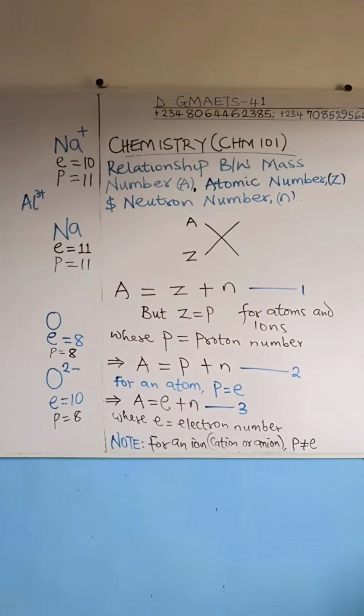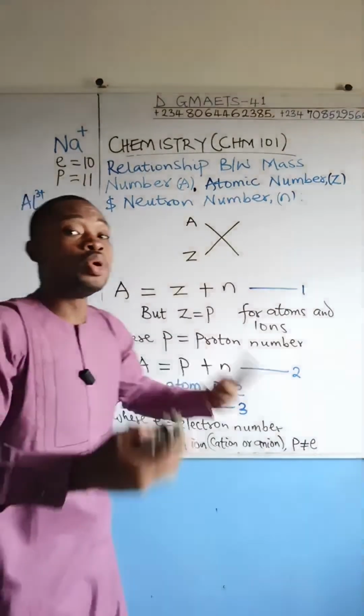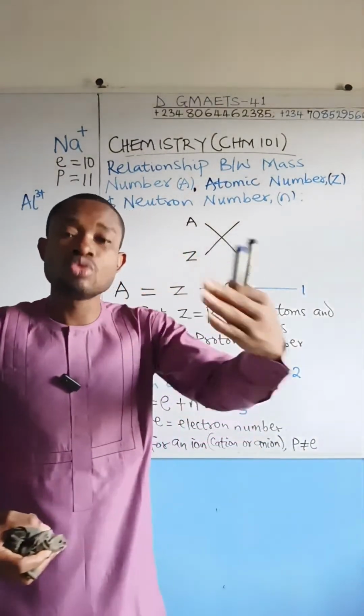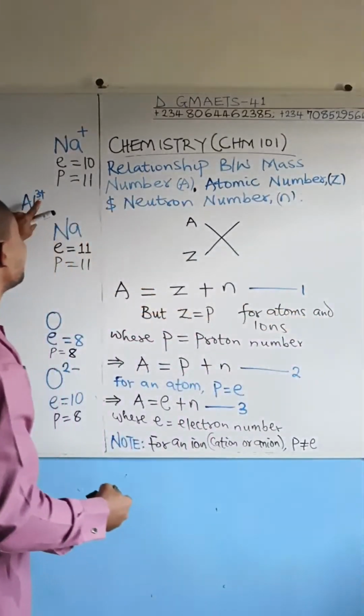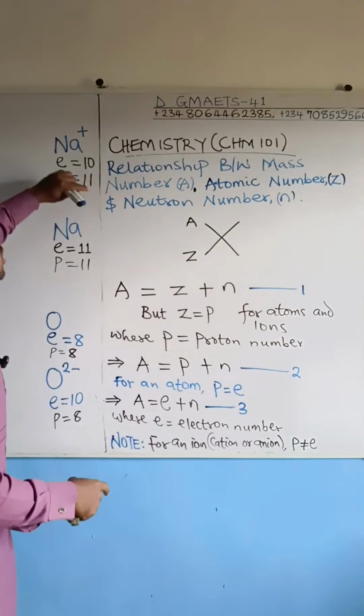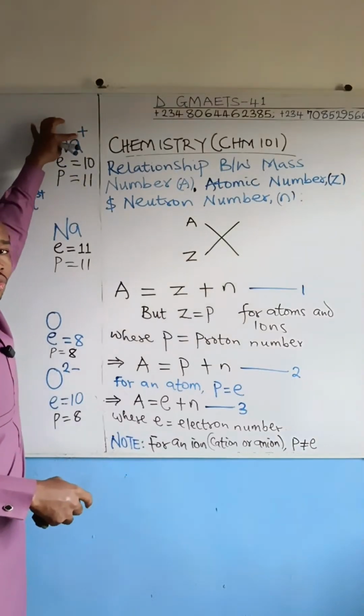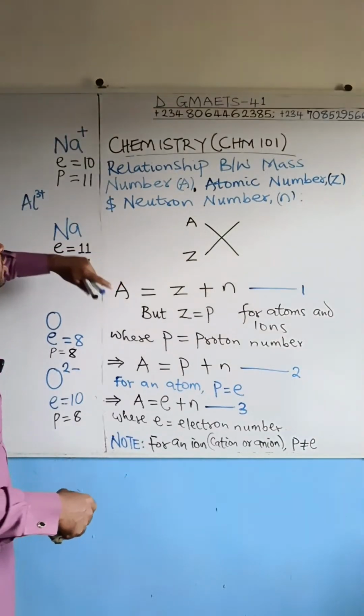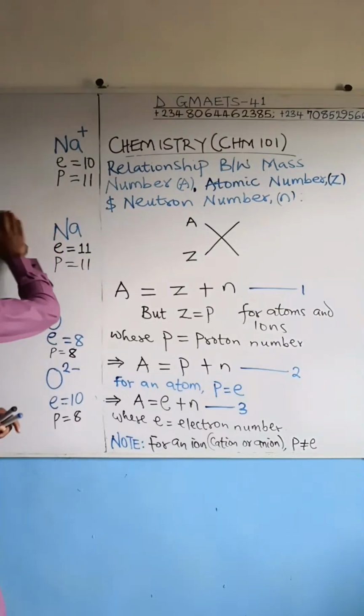That is the aluminium ion. If it is an aluminium atom, you won't see that 3+ there. So once the ionic charge is 2 and above, you must write that number before the charge. But if the ionic charge is just 1, you don't need to write the 1. Just write the charge sign.